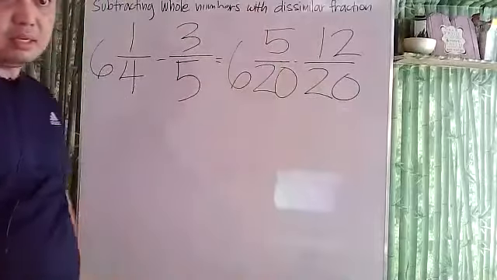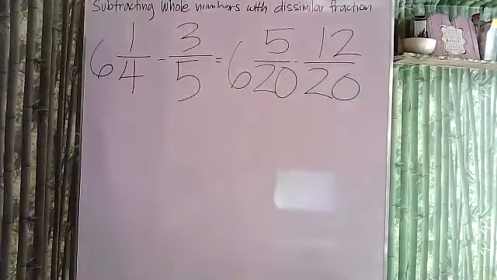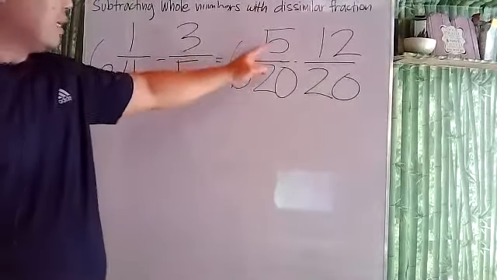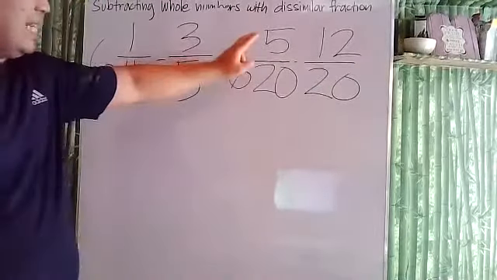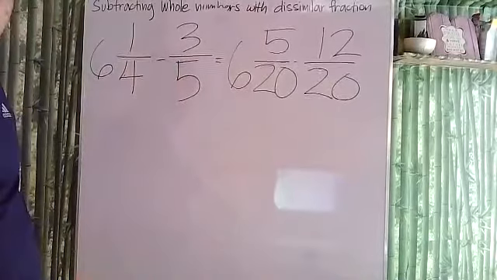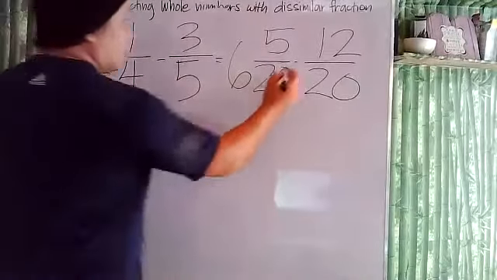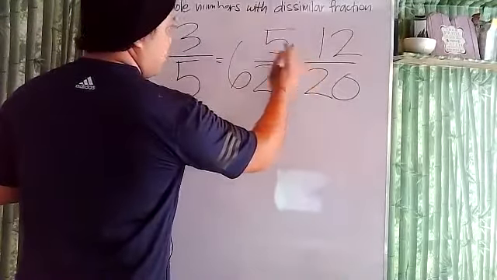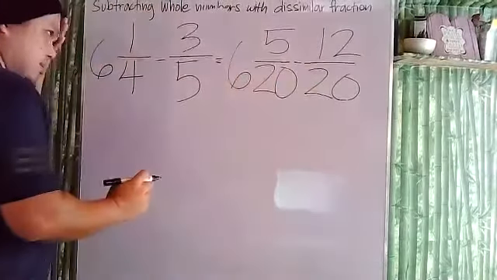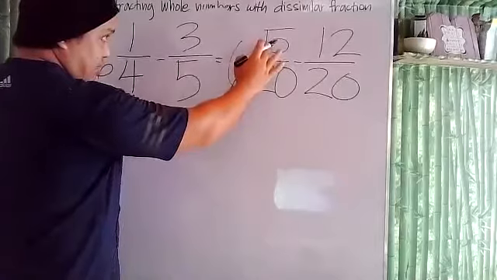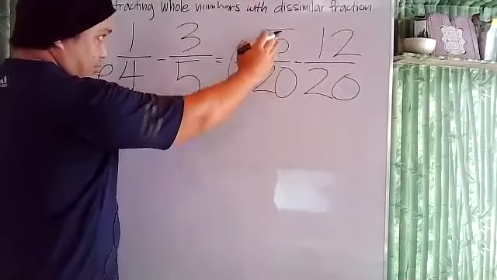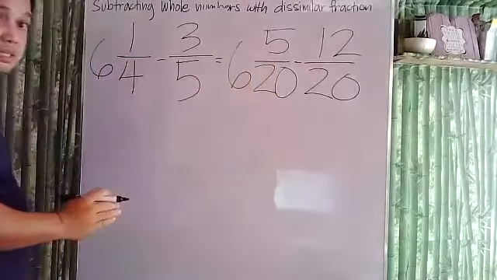Okay. You cannot subtract 5 from 12 because 5 is less than 12. So how do we subtract this? 5 must borrow 1 from 6.